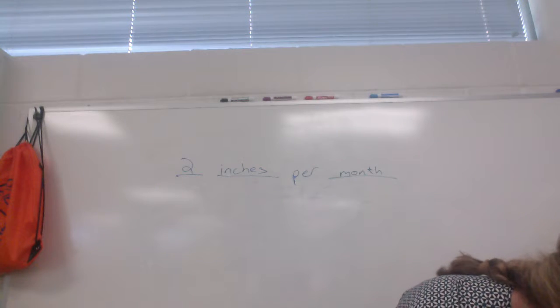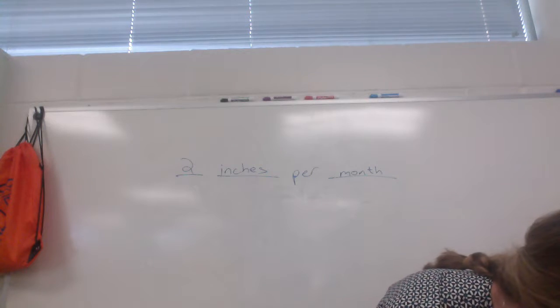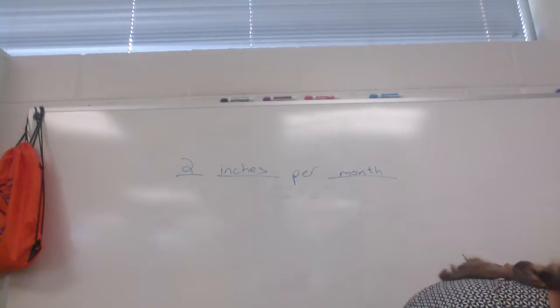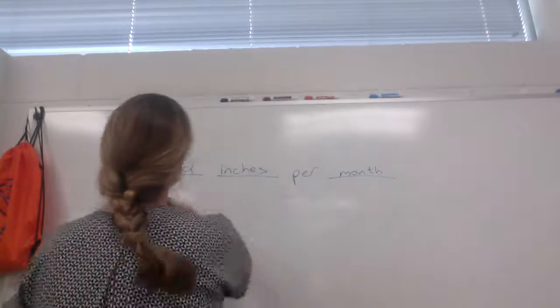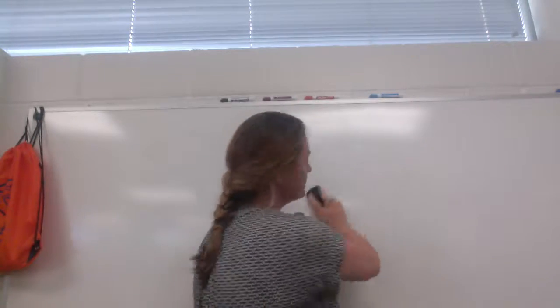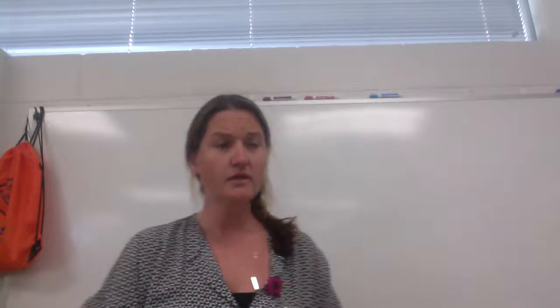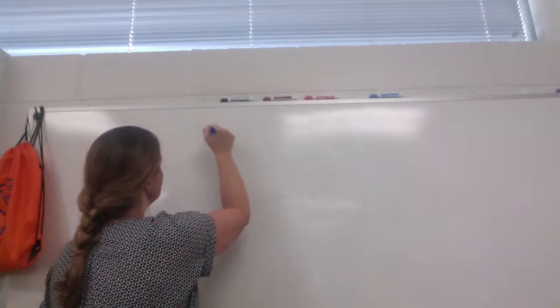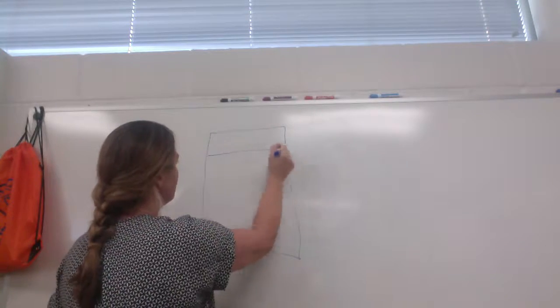Let's see what else we got. Oh, unit rate. Let's go back to our little rate table. The unit rate is, in any situation, basically a unit is 1. Let's go back to Bob and his job, where he made $5 per hour.